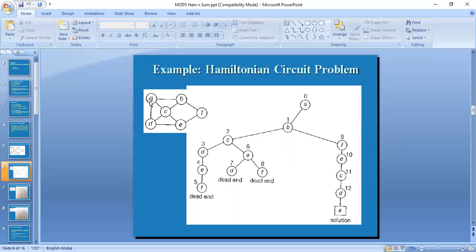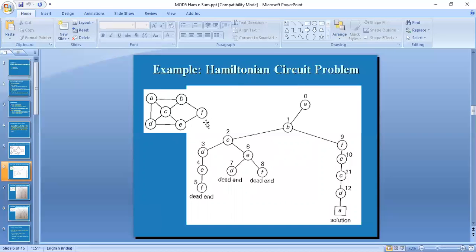We have A also, but you cannot consider A. Why? Because A is the starting vertex. It can be visited again only if you complete all the remaining vertices. If all the remaining vertices are visited exactly once, then you can come back to A. Unless you visit all the remaining vertices, you are not supposed to come to A. If you are coming back to A, then it is not a Hamiltonian circuit.